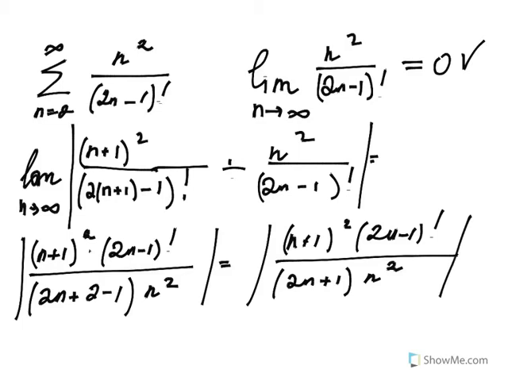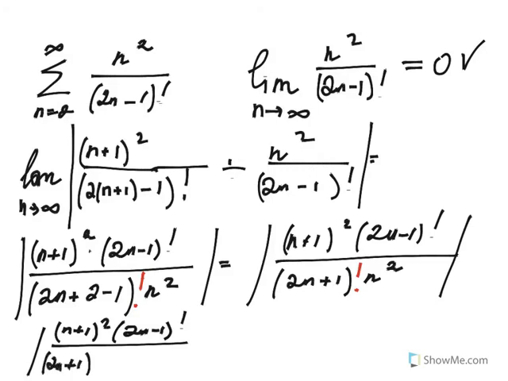I just noticed I forgot to include the factorial symbol here. So it's 2n plus 1 factorial. Now we have n plus 1 squared, still 2n minus 1 factorial. On the bottom, what's 2n plus 1 factorial?